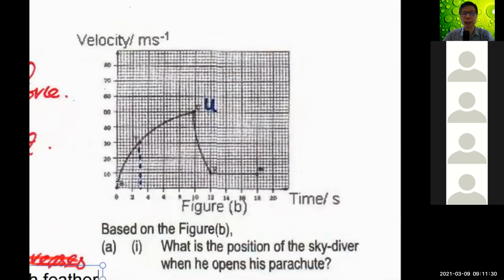So you see the velocity keeps increasing, and finally at this point the velocity starts to decline. You see the velocity slow down until finally the velocity becomes stable at only 10. So I understand the graph, teacher: it's decreasing acceleration, decreasing deceleration, then constant velocity.